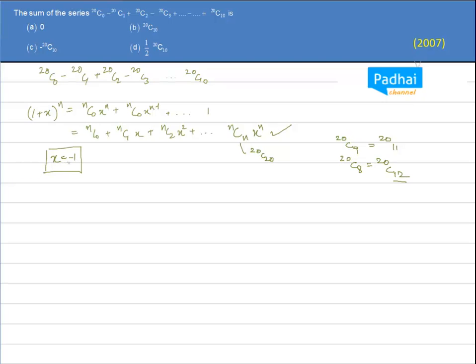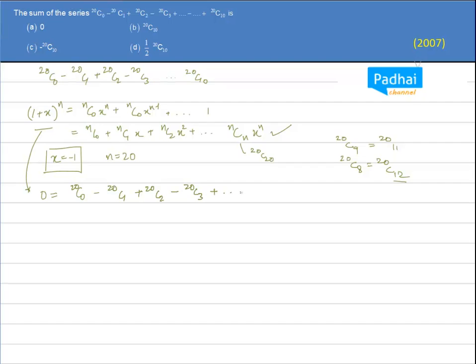So if I put minus 1, what will the LHS become? LHS will become 0. This will become nC0 minus nC1 plus nC2, and I will put n equal to 20 now. So this is 20C0 minus 20C1 plus 20C2, because this is x square. Now minus 20C3. All the coefficients which have odd powers will be negative and those with even powers will be positive.